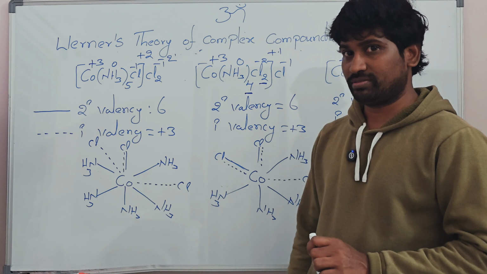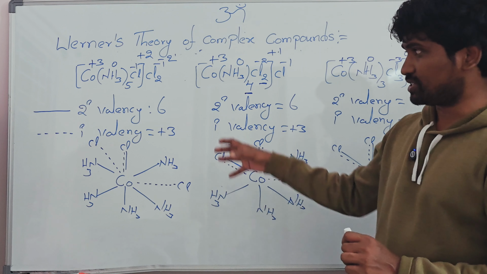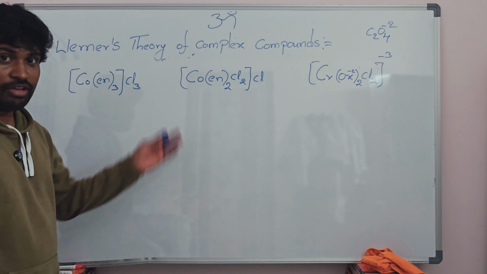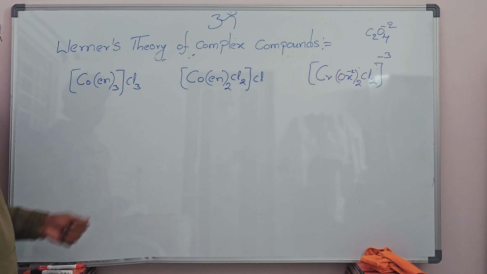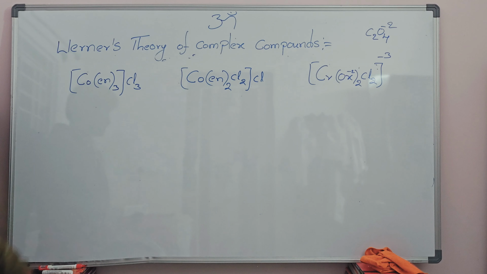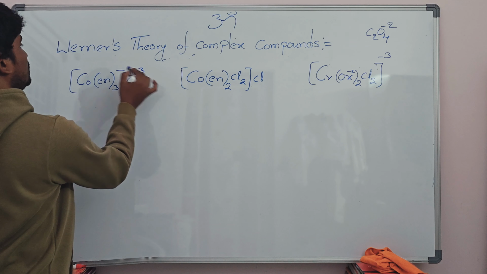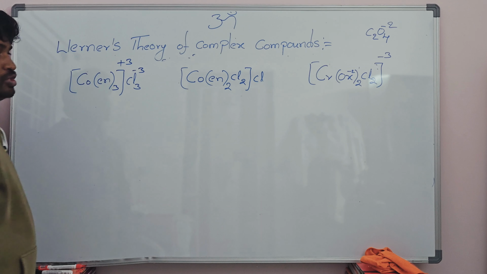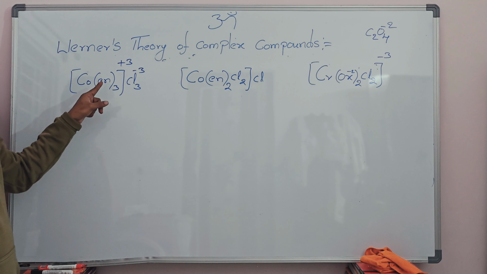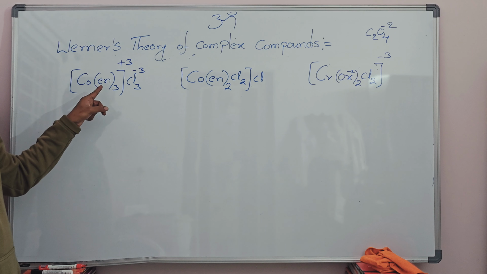Okay, now students, a few more examples we'll discuss. Identify the primary and secondary valency of the complex with cobalt as the central metal atom. Here the -3 is present, here the +3, and the whole charge is +3. En means ethane-1,2-diamine, ethylene diamine.